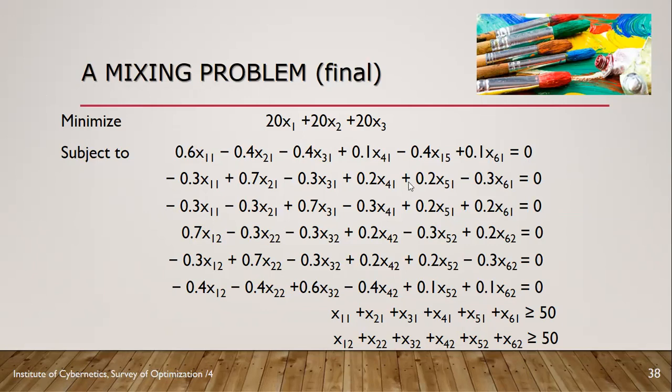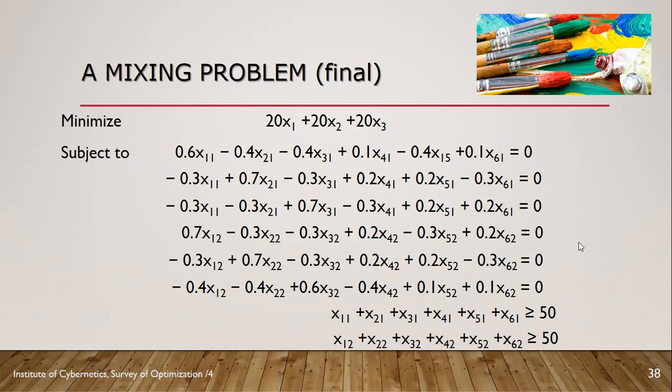Then this part represents the proportions of different colors in the required shades of brown and gray. So this is for the brown, this is for the gray. So this one refers to the requirement of the volume of paint needs to be obtained.